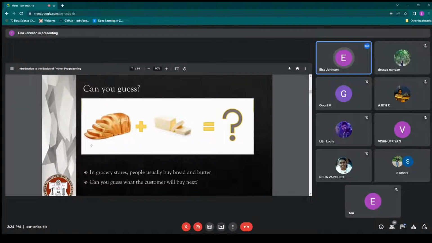Sometimes you can buy jam. Can you put in the chat window what you'll be buying with them? I mean, you're already planning to buy bread and butter, or bread and ghee, for preparing a toast. So next, what will you be buying? I'm waiting for your messages in the chat window.